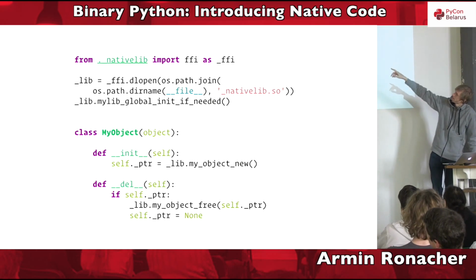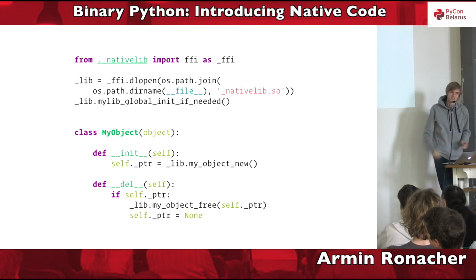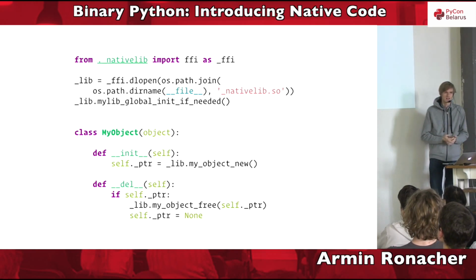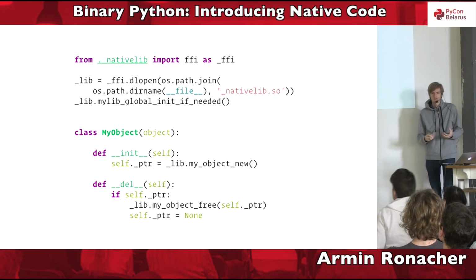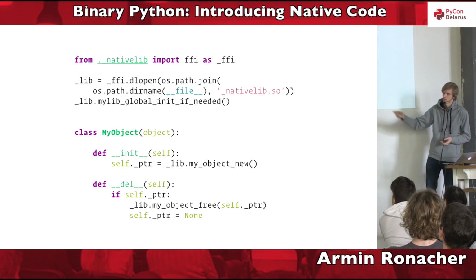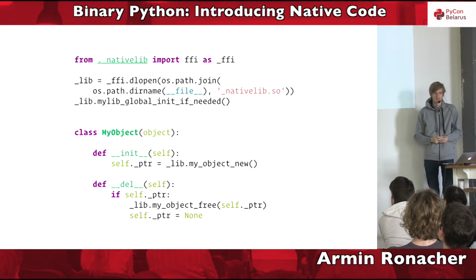Like there's a mylib global in it if needed. That's a function that's exported by the library that sets up memory allocators or whatever is necessary. And we call it once when the module imports. And then for each object that we're dealing with, we have an interior pointer on object creation, and on object deletion, we call a function in the library to free it up again.